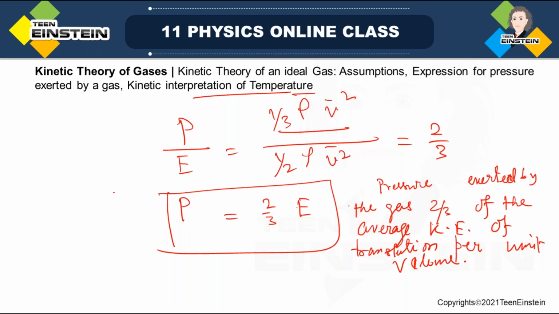We'll see most probable velocity. We'll see there is a distribution of velocities for the gas molecules. They won't always move with the same velocity, but they have a distribution of velocities. We'll see that when we discuss most probable velocity of gas molecules. So that we'll learn tomorrow.